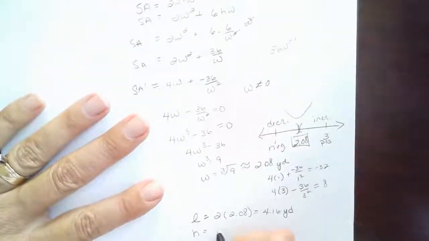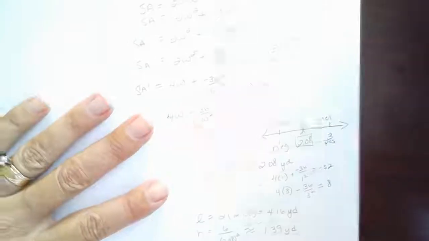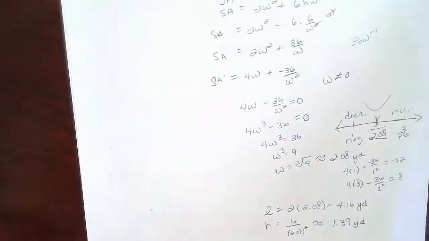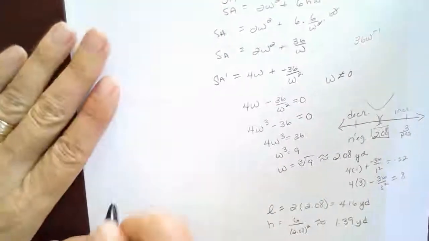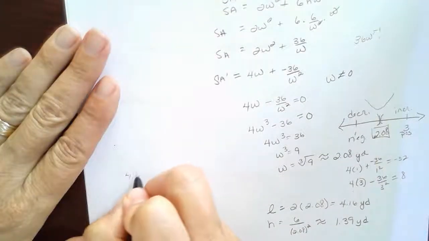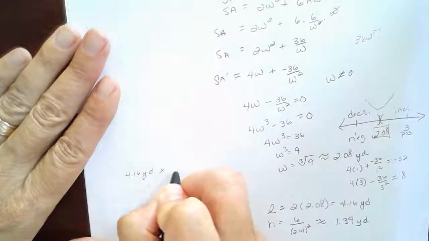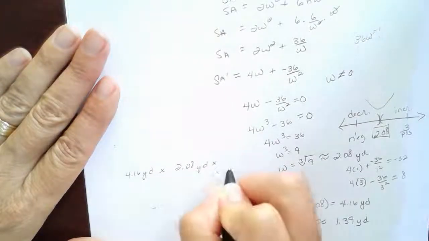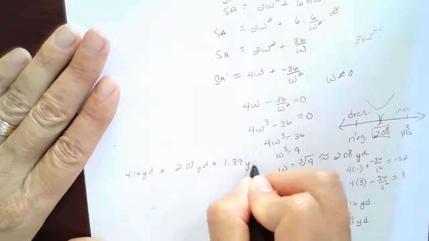So height will be equal to 6 over 2.08 squared, which is approximately 1.39 yards. So then our rectangular dumpster will be length 4.16 yards, by width 2.08 yards, by height 1.39 yards.